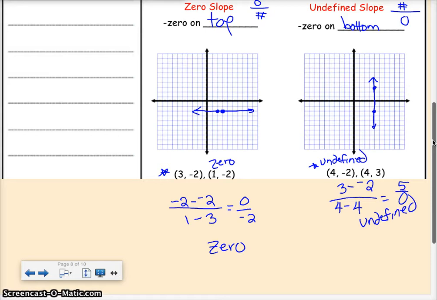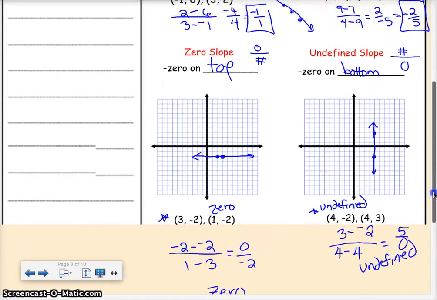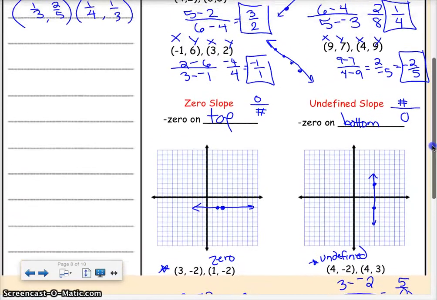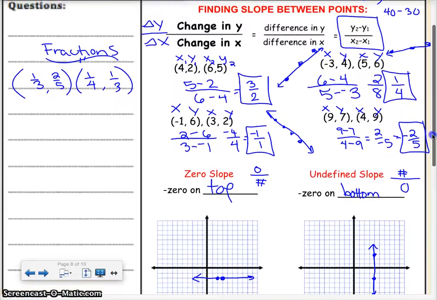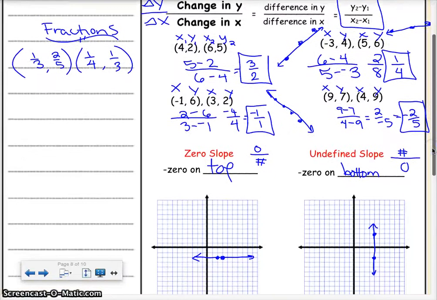Okay, one more learning target that I didn't even make a heading for, but I threw it on for you guys. Lucky you. So I need you on the left-hand side, where the questions are. Ready? I want you to make a little baby heading that says fractions, and write that fraction down, please.